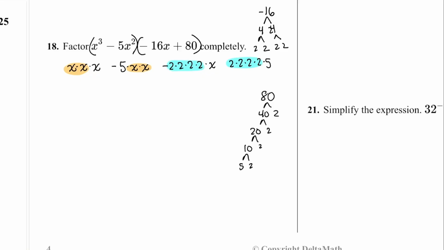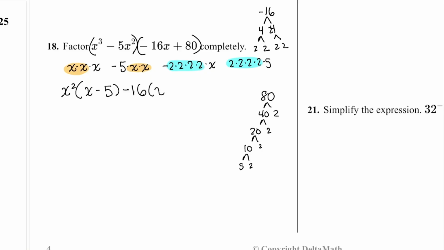So the first two terms have an x squared in common, and what's left is an x minus 5, these two terms. Now, in order to see what the next two have in common, we can see that it's 2 times 2 times 2 times 2, which is going to be 16. But we're going to take out a negative 16, and I'll show you why.